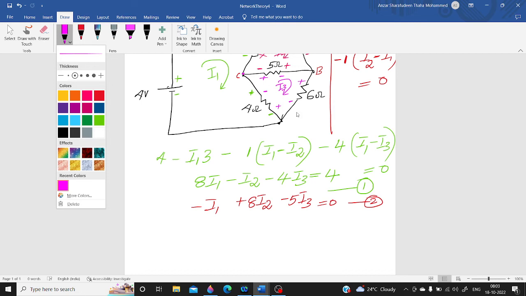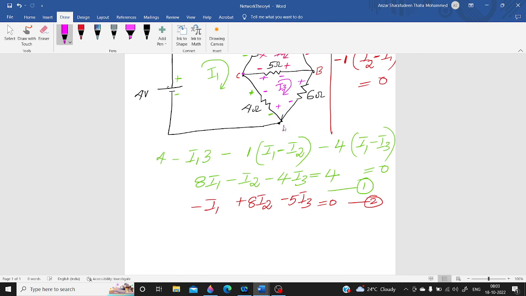So C, B, let this point be D. We are considering the path C, B, D, C. Okay. So the current in the mesh is I3, so we are moving along the direction of I3.